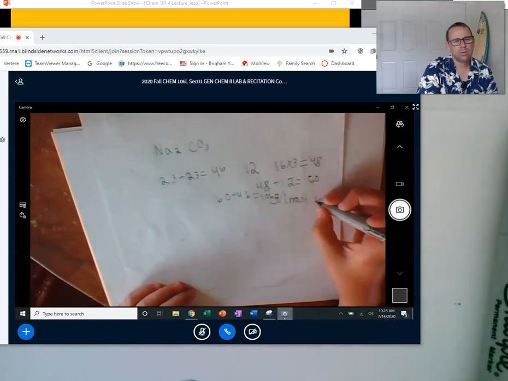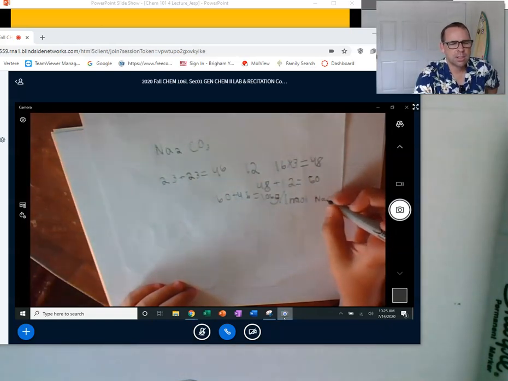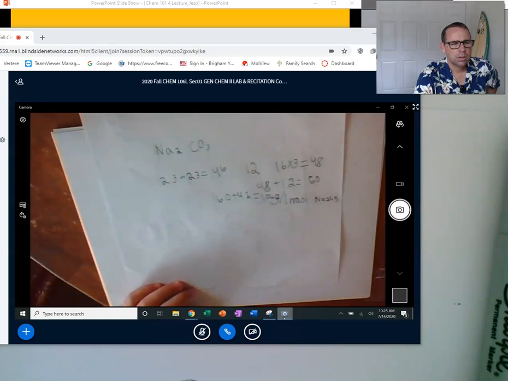Very good. Now, to find the percentage of sodium in sodium carbonate, we just look at the mass that's from the sodium, which is the 46, right? That's how much mass the sodium contributed to the molar mass, the 46. You see that? So then you take that 46 and you divide it by the 106.